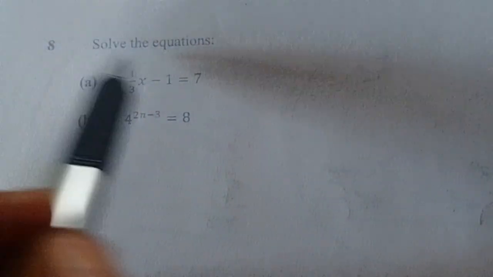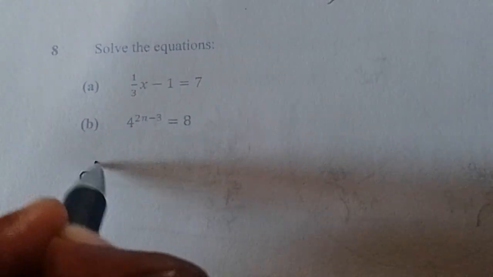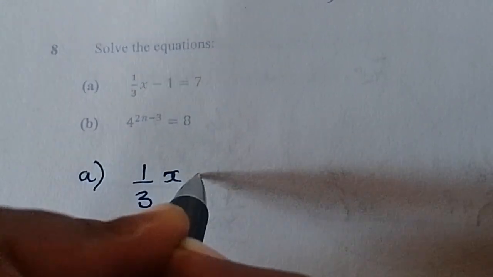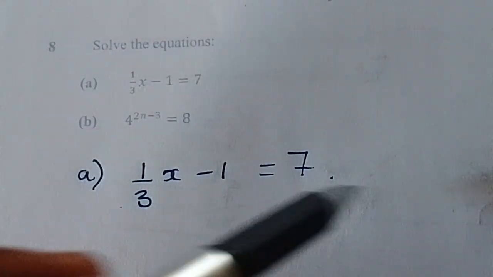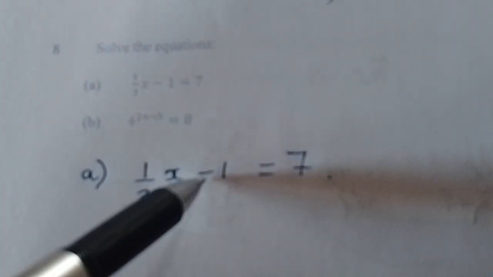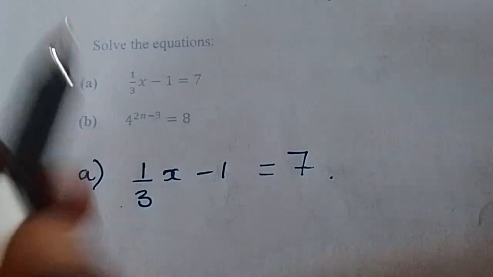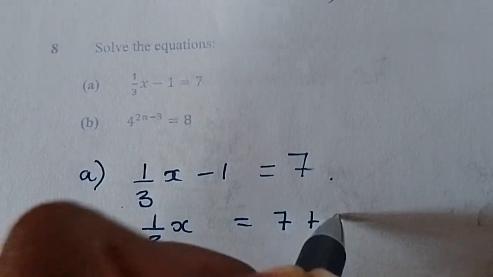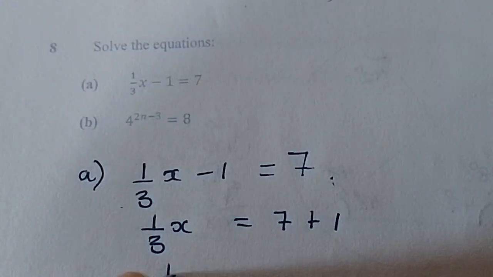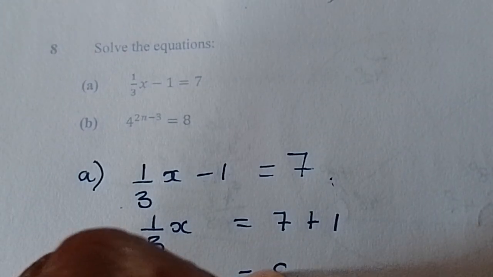So solve the equations. A: 1/3 x minus 1 is equal to 7. We can bring this negative 1 to this side. So we now have 1/3 x is equal to 7 plus 1. So 1/3 x is now equal to 8.